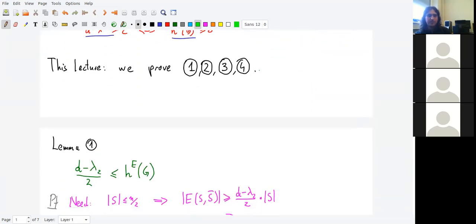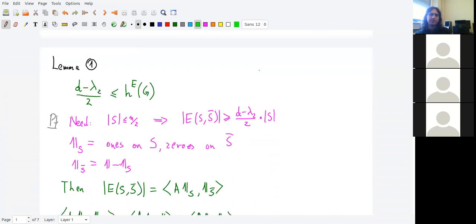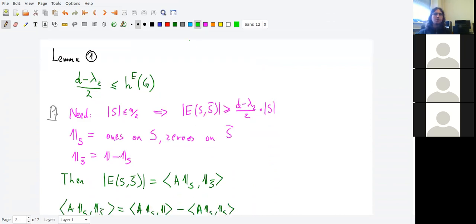So inequality number 1. Yeah, we need to prove that the edge expansion of the graph is lower bounded by half of the spectral gap. And as I said, this will be a reasoning that we have already sort of seen.